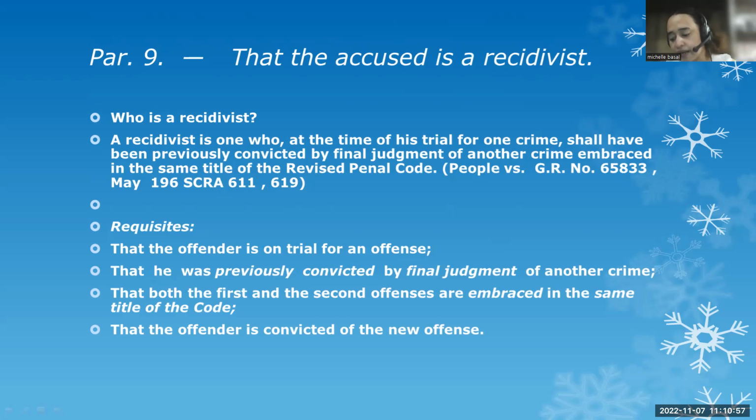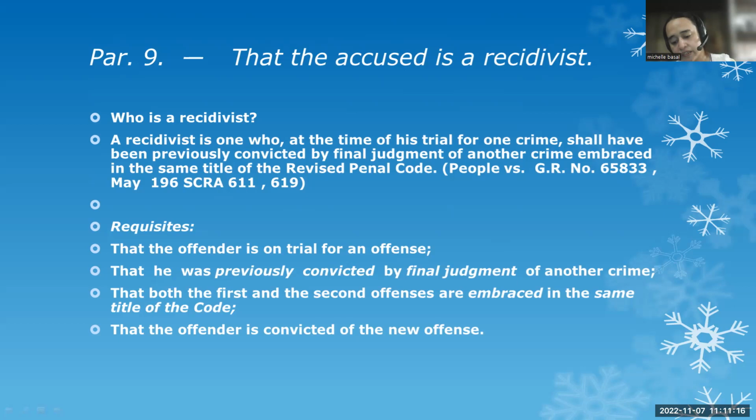Title 6, Crimes Against Public Morals. So, may mga gambling, betting, offenses against decency. Title 7, Crimes Committed by Public Officers. So, may mga sinisiring nga malversation, graft and corruption. Title 8, Crimes Against Persons.